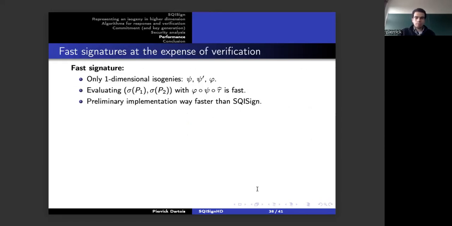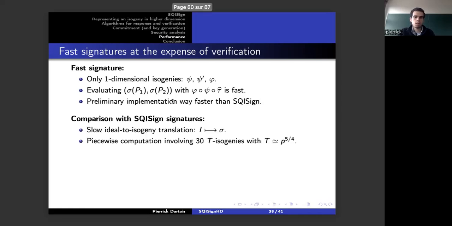Now, time efficiency. Of course, with the optimizations that we made, the signature is way faster than previously, because the one-dimensional isogenies are way faster to compute with the primes that we chose. Evaluating the isogeny sigma is fast as well. The preliminary implementation of the signature that we have is way faster than SQISign, but it's still a work in progress, so we don't output timings.